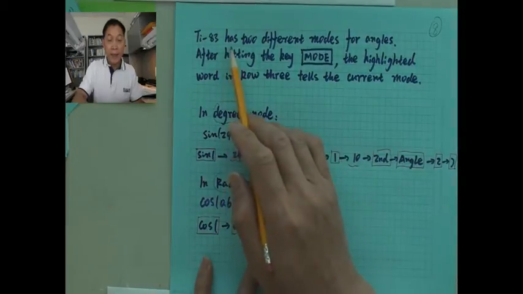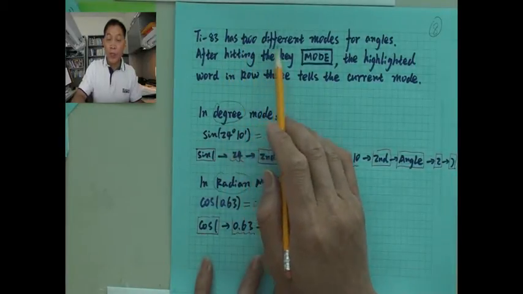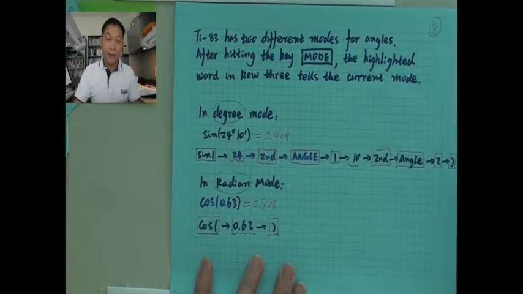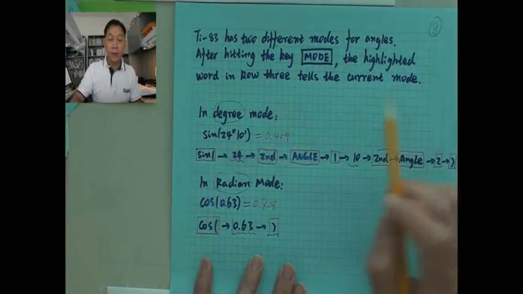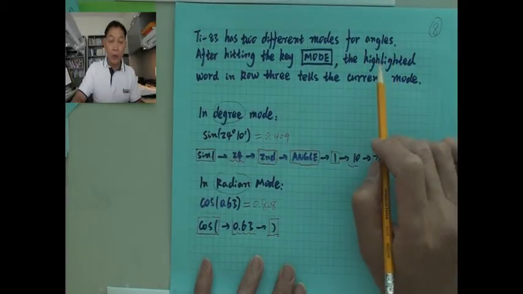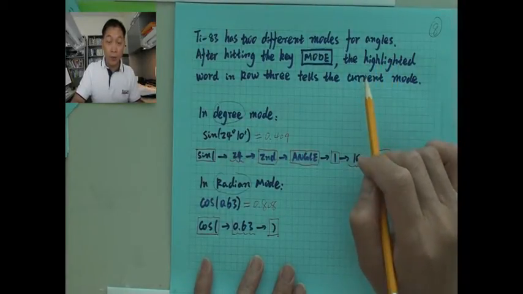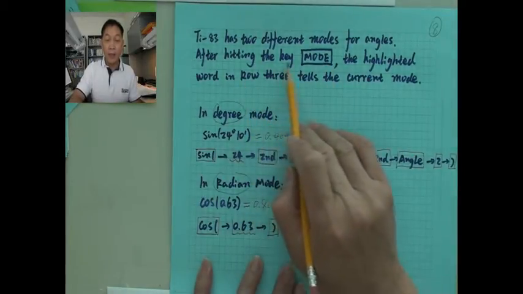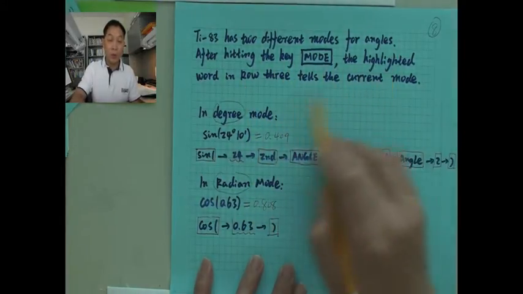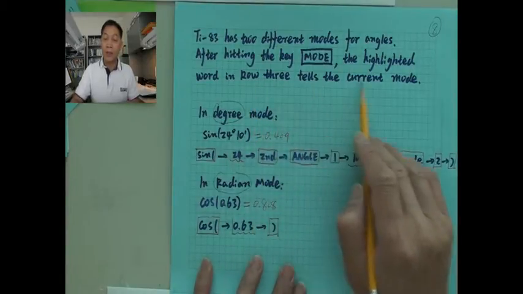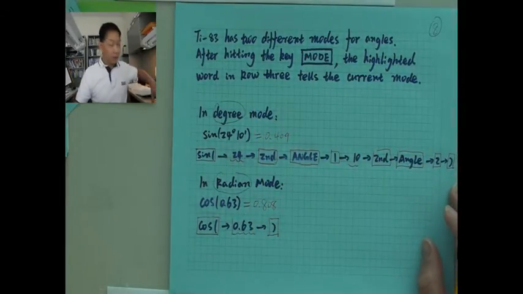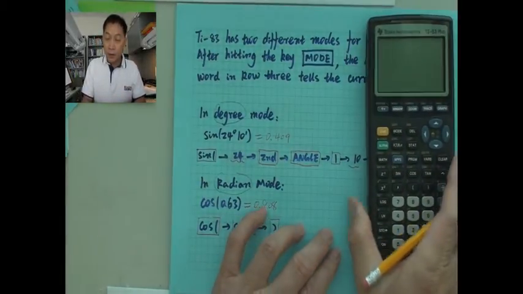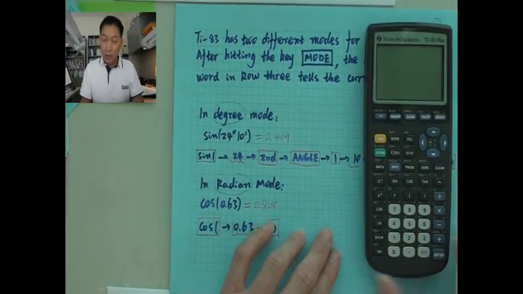So we say the TI-83 calculator has two different modes for angles. And how are we going to know what mode the calculator is in? After hitting the key mode, the highlighted word in row 3 tells us the current mode. Look, right here. This is our calculator.